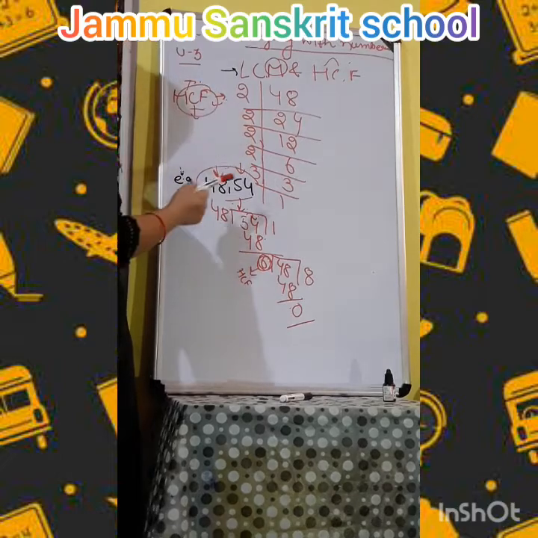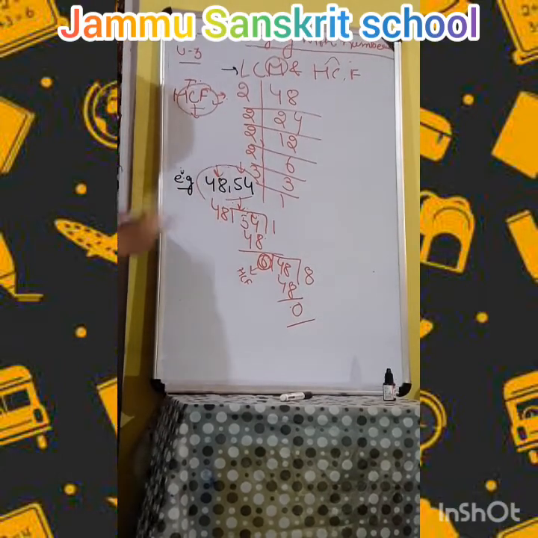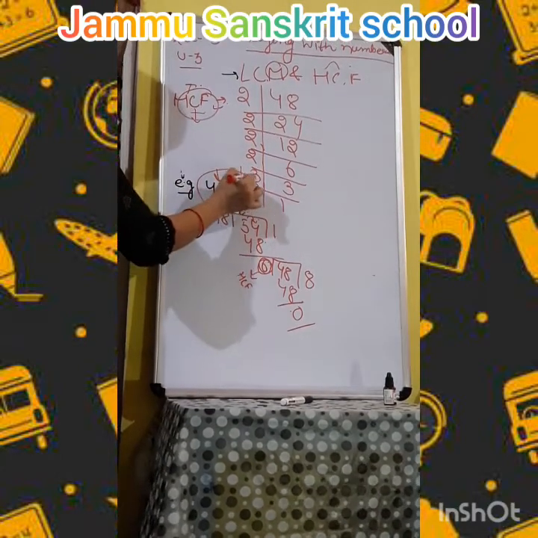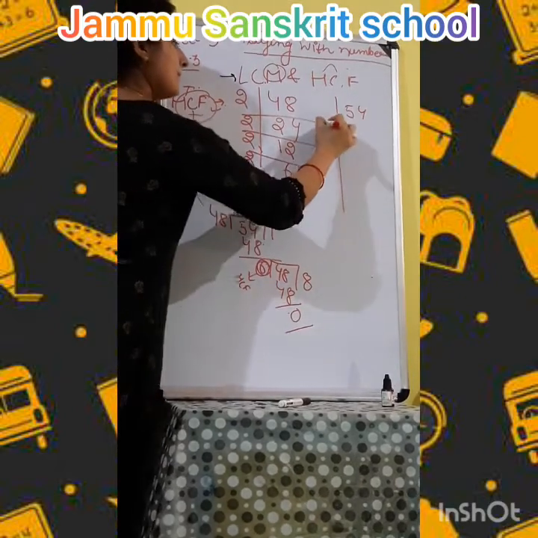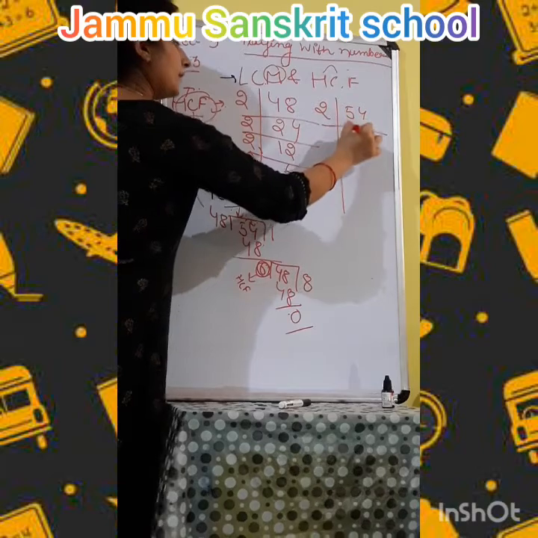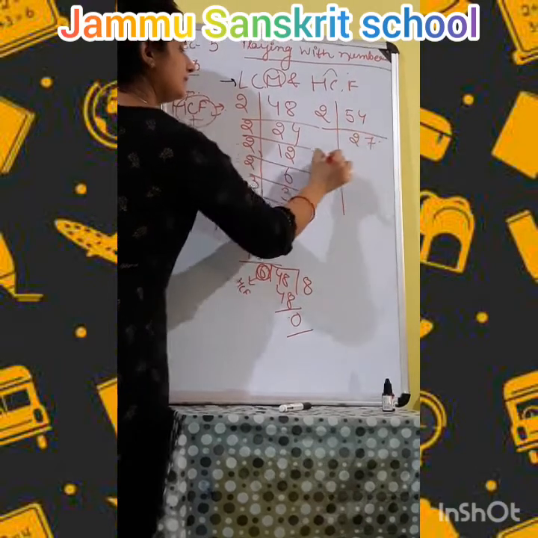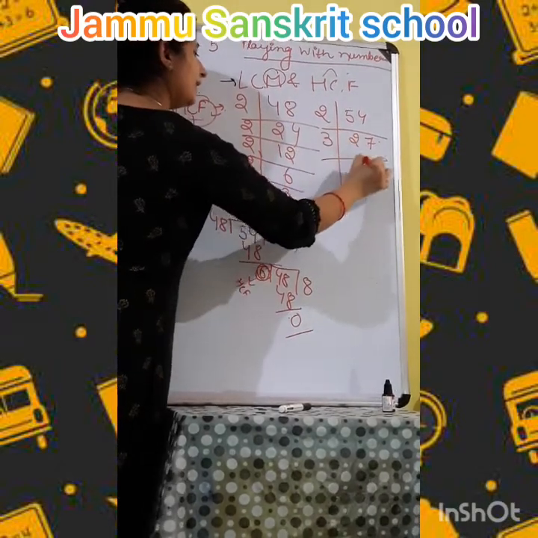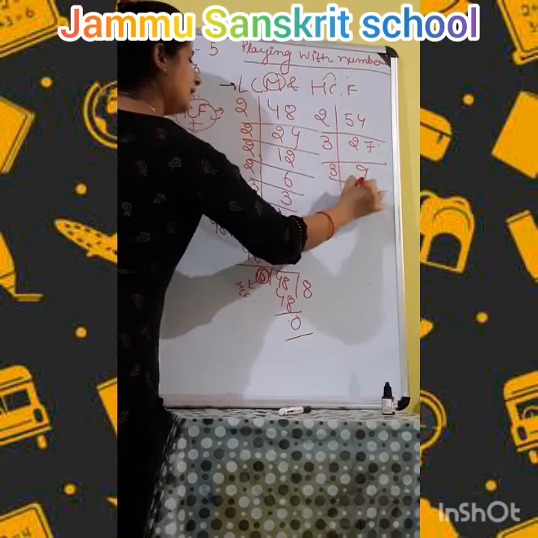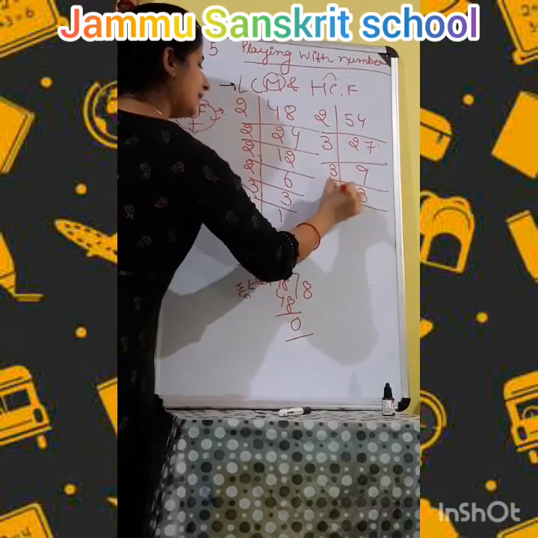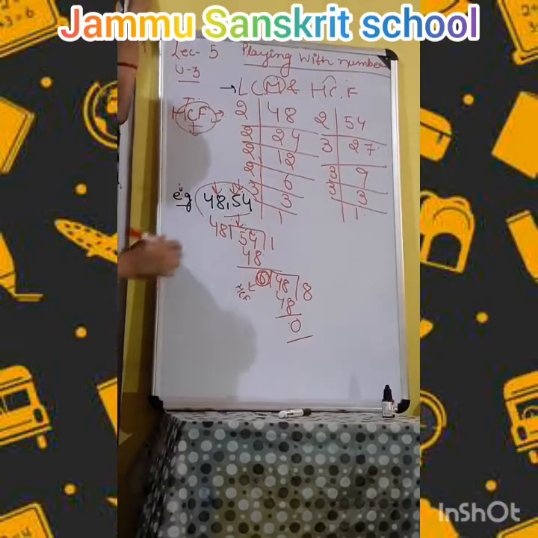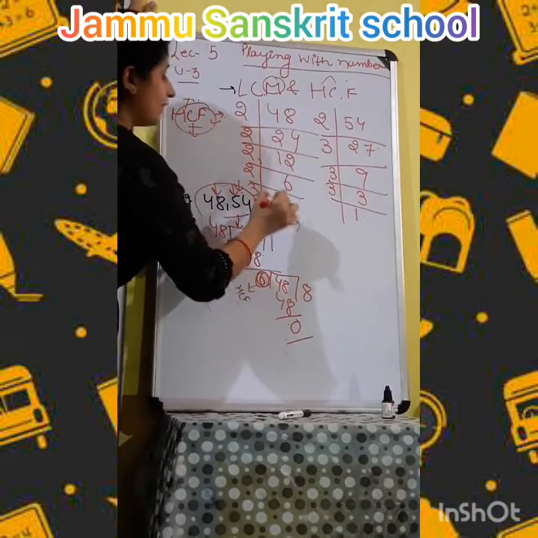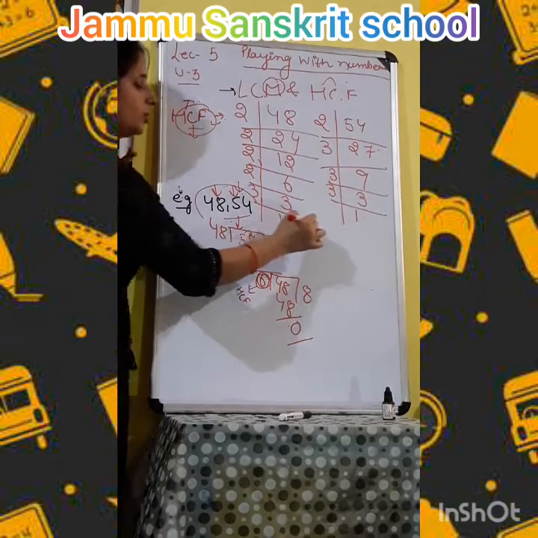Now we'll find the factors of 54. We'll write 54 here. 2 27s, 3 9s, 3 3s, 3 1s. What are the common factors of 48 and 54? Firstly, I'll write the factors of 48.